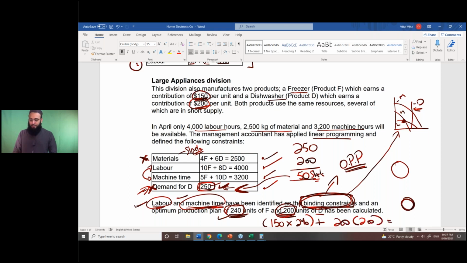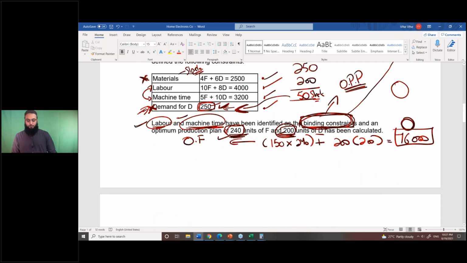Let me check. 150 contribution per unit into 240 units plus 200 into 200 is 76,000. And yes, this is the contribution. Again, this is the objective function equation through which you have worked out. Okay? Clear?